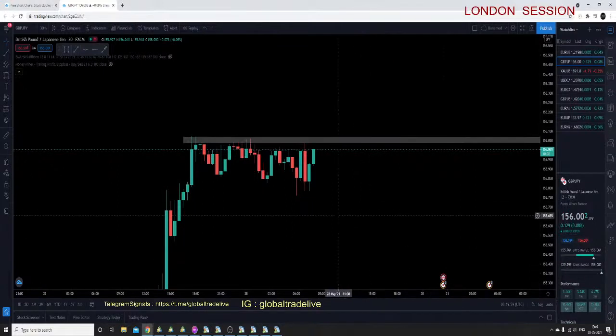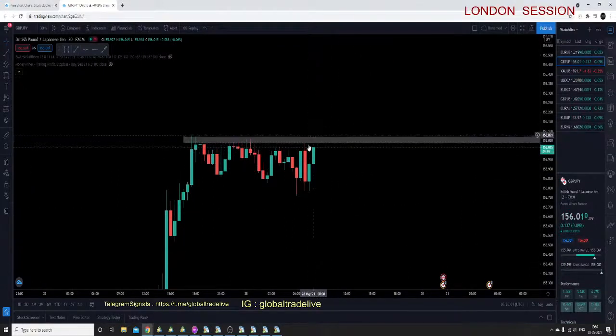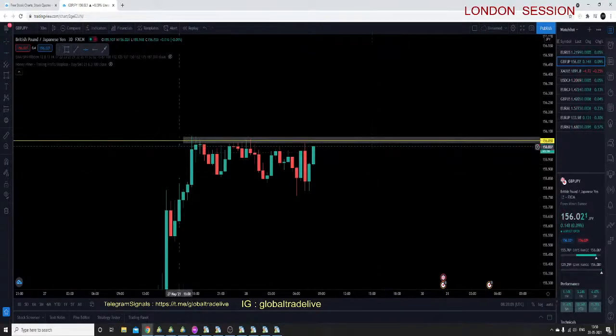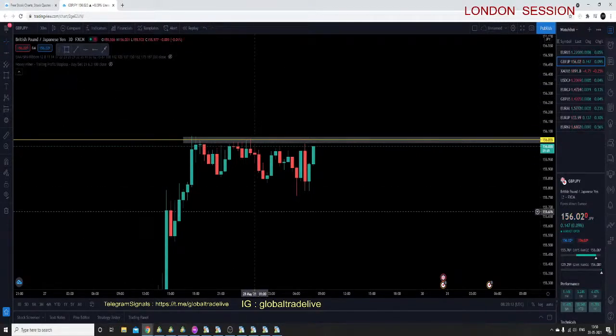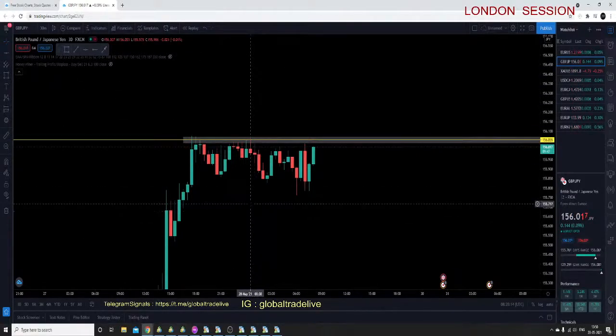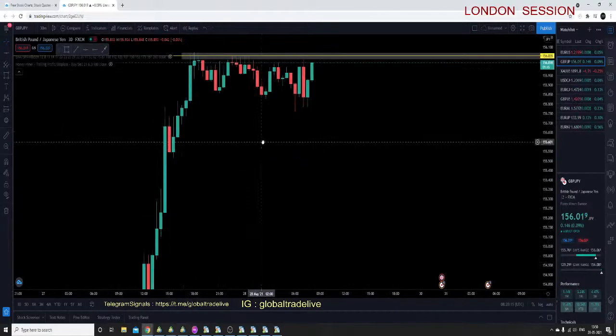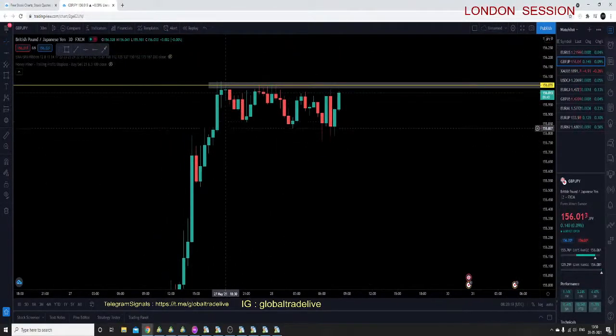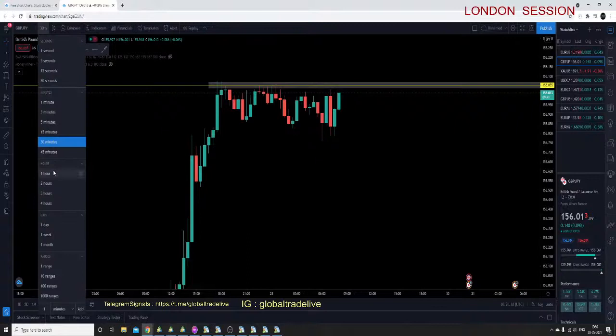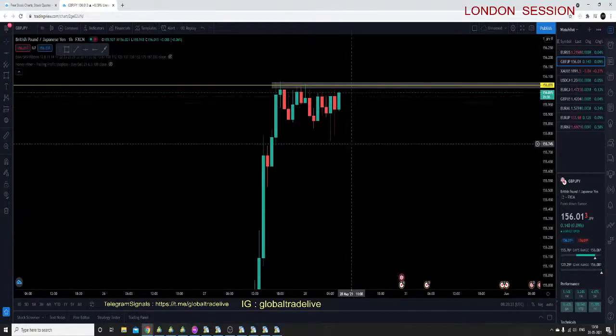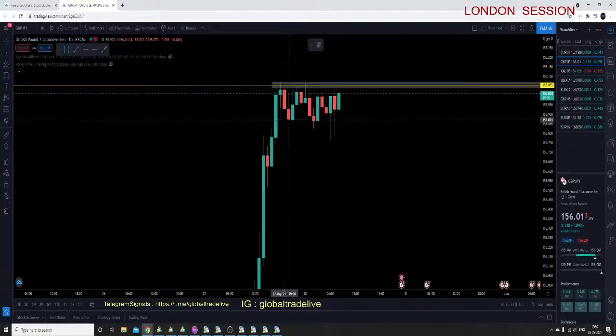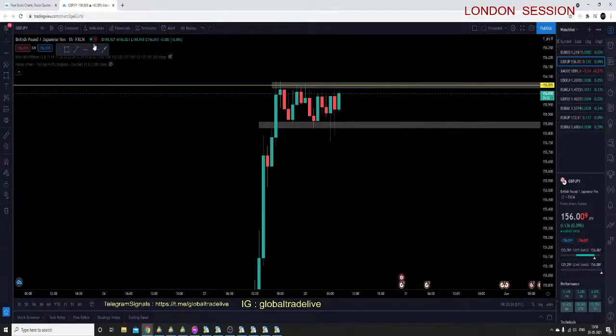I'll wait for a candle to break and close above this area over here to continue moving up, because we have a wick to fill on the left, and so yeah, that will be the idea for today. We'll only be looking for buys above this level, and if we start to go down, then most likely we have this area over here.